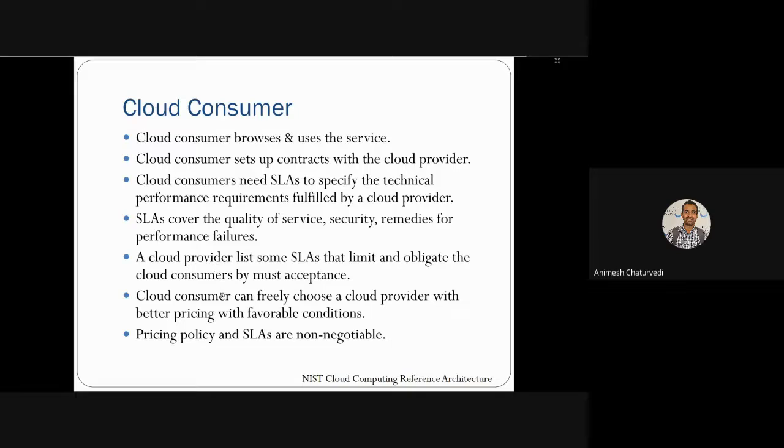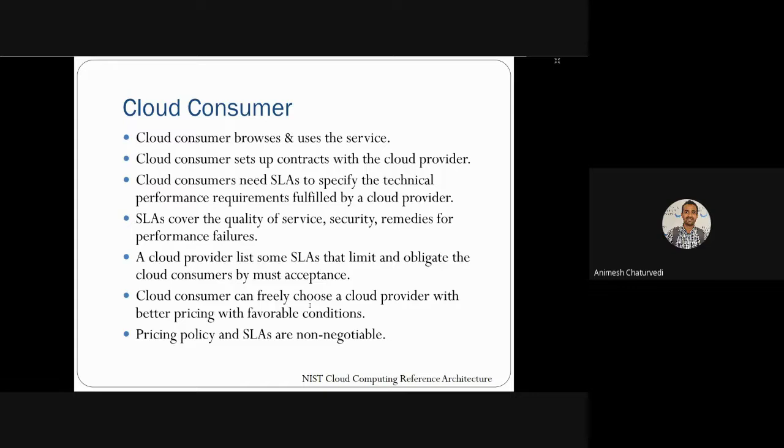Then the cloud consumer can freely choose a cloud provider with better pricing and favorable conditions. So cloud consumers are basically free to choose which cloud provider they want to work with, which provider is providing a better price, and what the favorable conditions are.